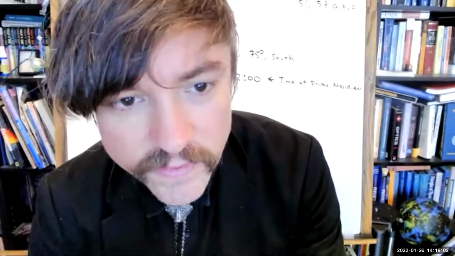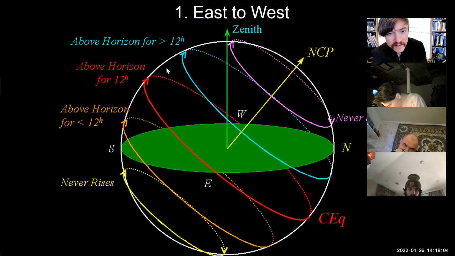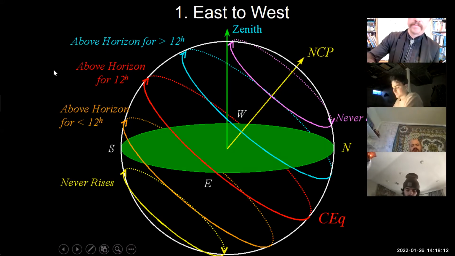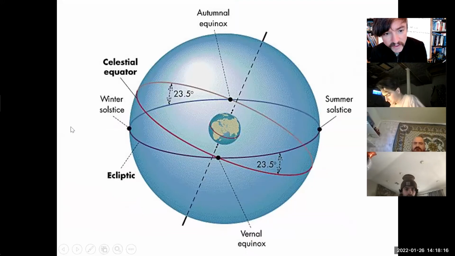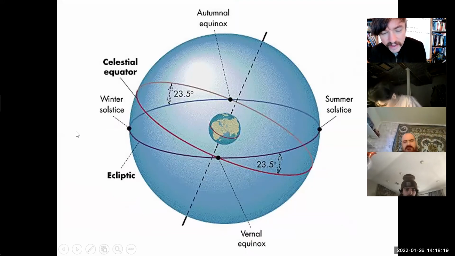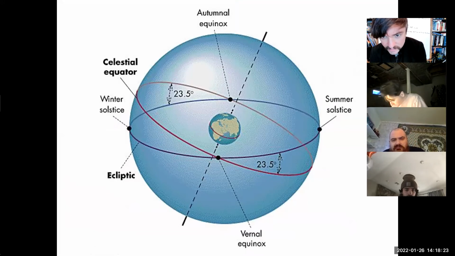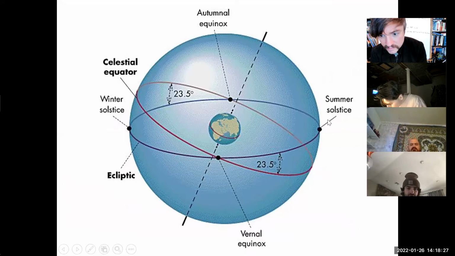Right. So in other words, where is the sun on the spring equinox? Can someone show me where the sun is on the spring equinox on this diagram? It's like that black dot closest to us.